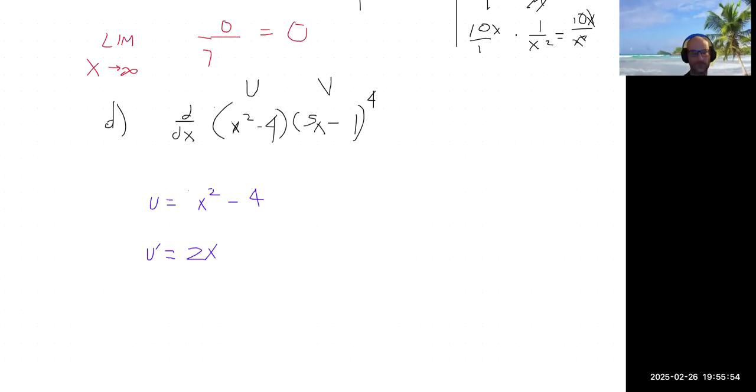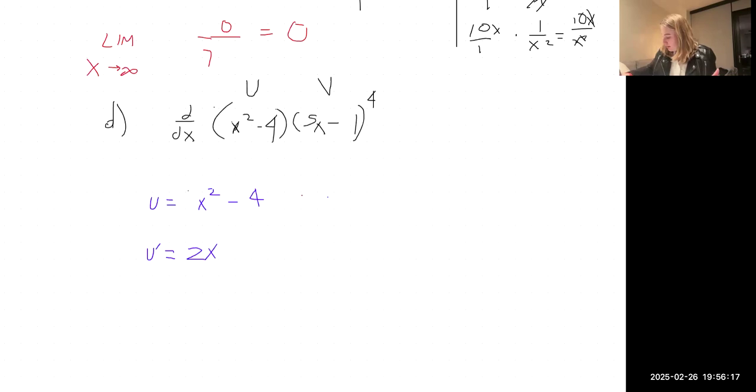Good. Okay, that's not that bad. Now we need to look at the mess that we have for v. This is what I have to do. I just have to talk myself through it in the test, because I'm gonna see it and I'm gonna freak out. I need to just be very calm.